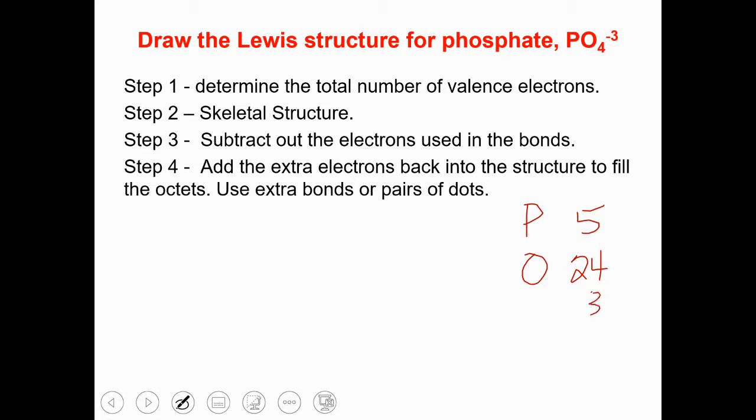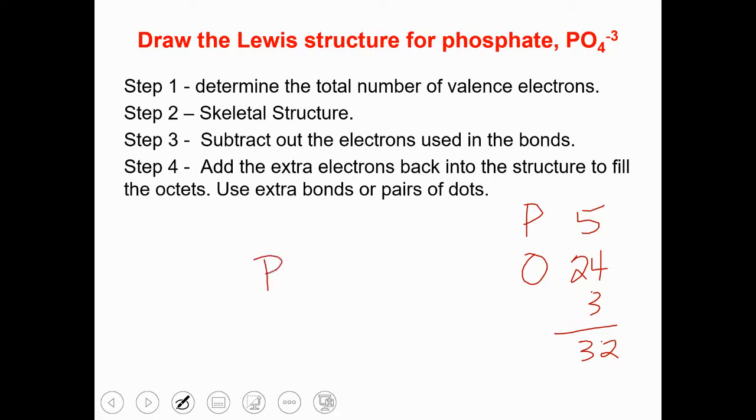And then there's the 3 extra, okay, for a total of 32. Now, we have to draw our structure, and you look at this, and the neediest element in this case, the one that can make the most bonds, phosphorus needs to make 3 bonds, and oxygen only needs to make 2.